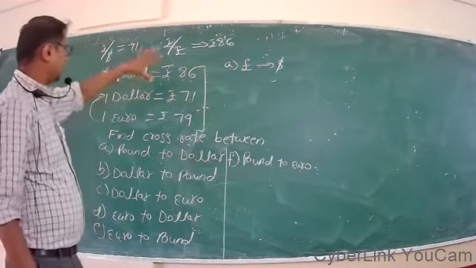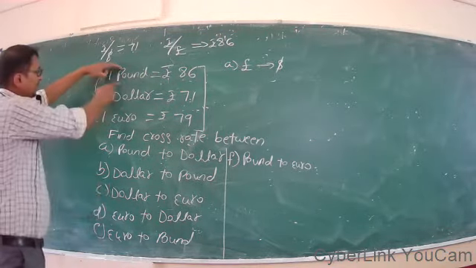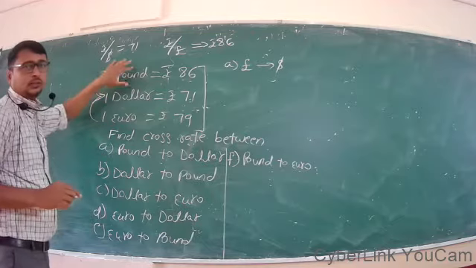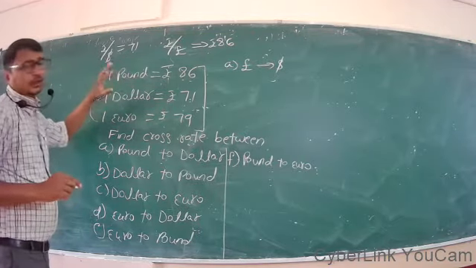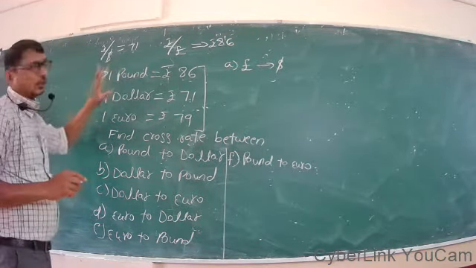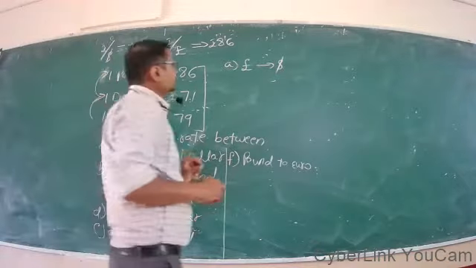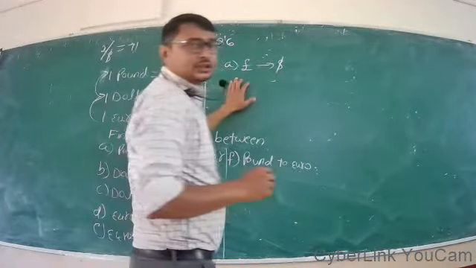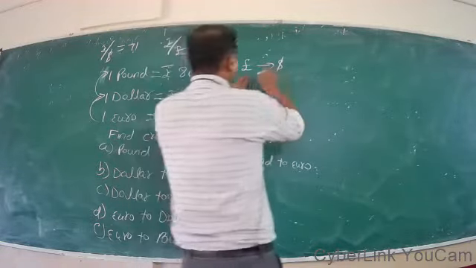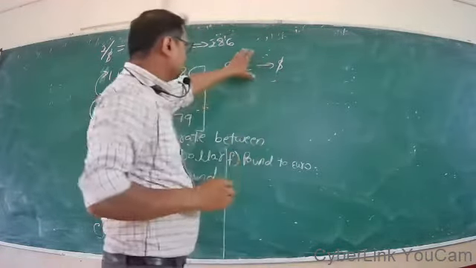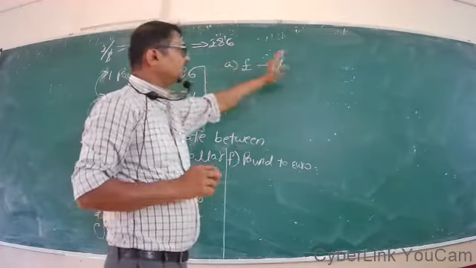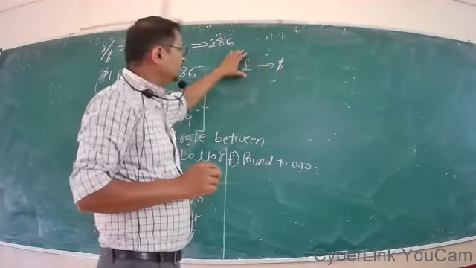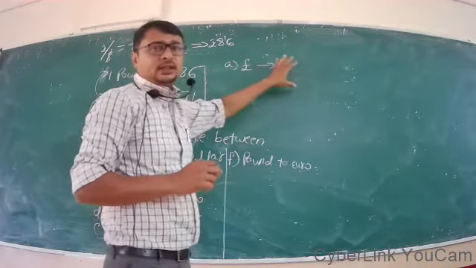Now we need to establish the relationship between these two foreign currencies. 1 pound is worth how many dollars? For sterling pound to dollar, first focus on the first currency they are asking. There are two currencies in the question: first is sterling pound and the other is dollar.